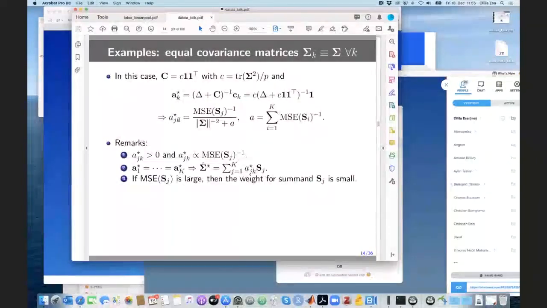This analytical formula shows me that each weight is proportional to the inverse of the mean squared error of the sample covariance matrix of each class.